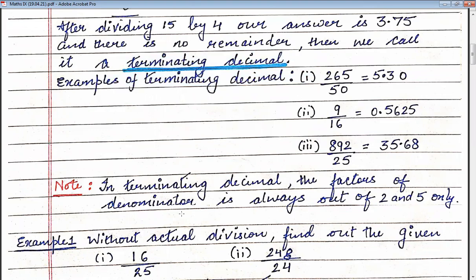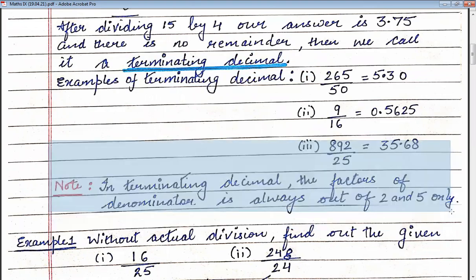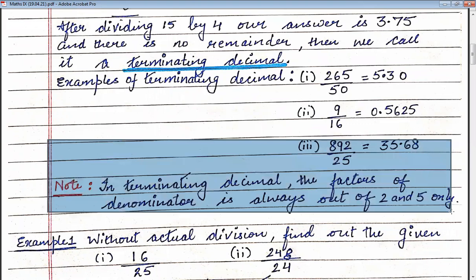This is very important. In a terminating decimal, the prime factors of the denominator are always only 2 and 5. Now, children, without actual division, you can tell directly whether the given fraction is terminating or not.